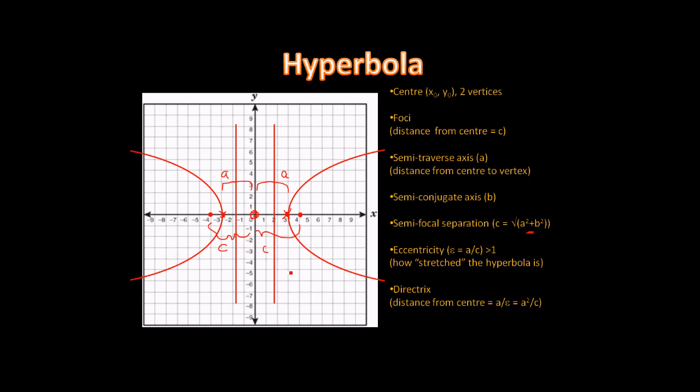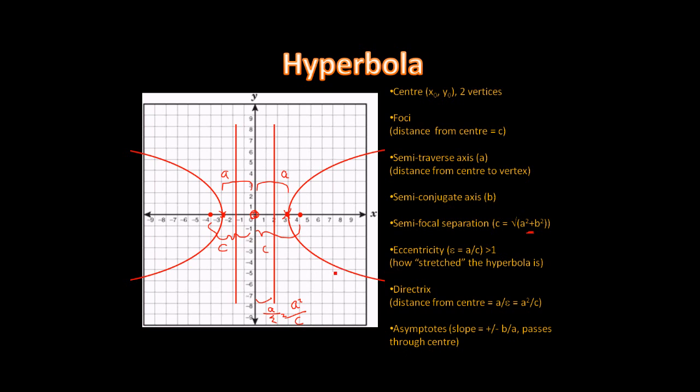Since it is symmetrical, we have two directrices as well. There is a distance between the center and the directrix lines, and this distance is a over epsilon, which is also equal to a squared over c, if we plug back in the definition of the eccentricity.